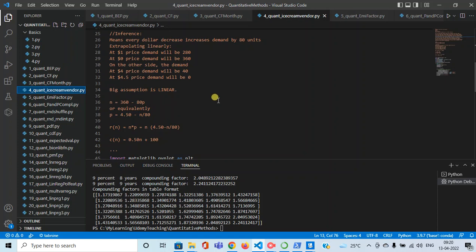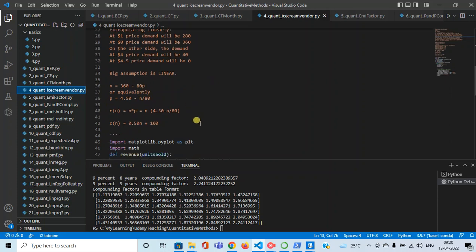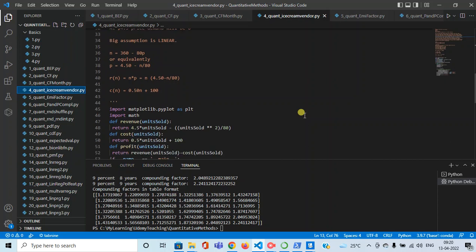The revenue function is defined as n times p. If you multiply these two, you get this equation. Cost we know: 100 is a fixed cost plus variable cost of 0.5 multiplied by the number of cones sold, so 0.5 times n plus 100.